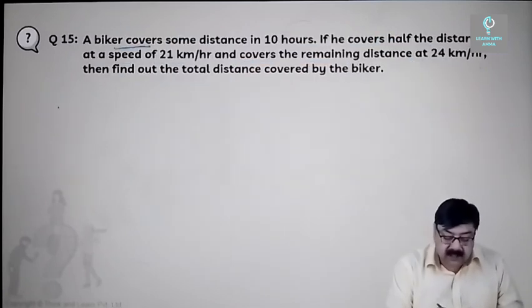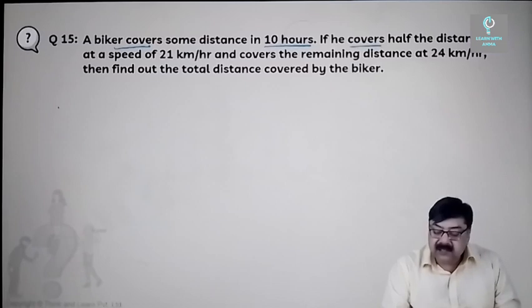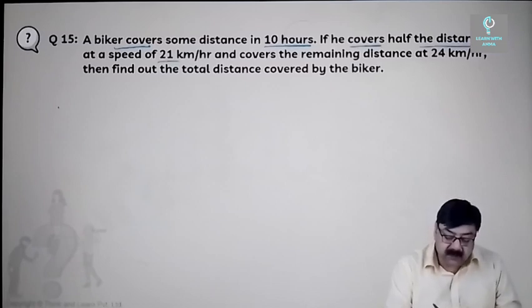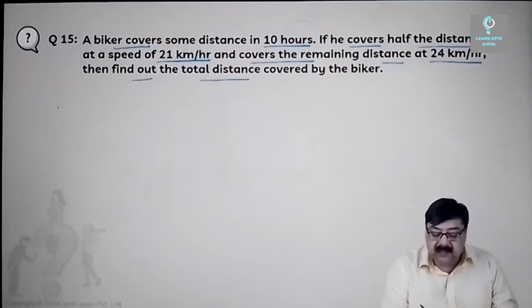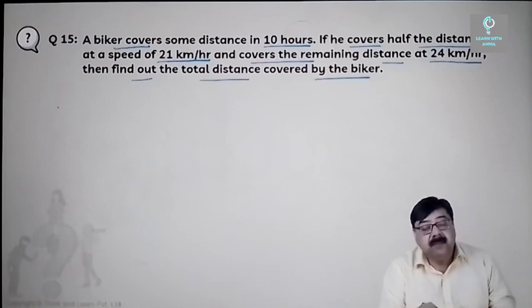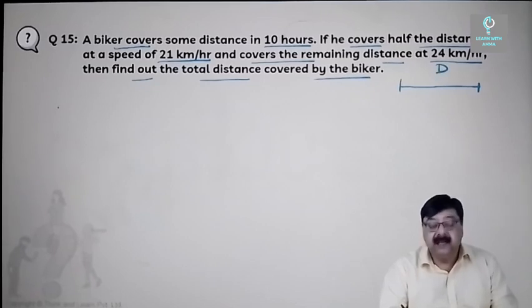Now a biker covers some distance in 10 hours. If he covers half the distance at a speed of 21 km per hour and covers the remaining distance at 24 km per hour, then find out the total distance covered by the biker. Now see, if this is a total distance d, half of the distance shall be d by 2, remaining will also be d by 2.